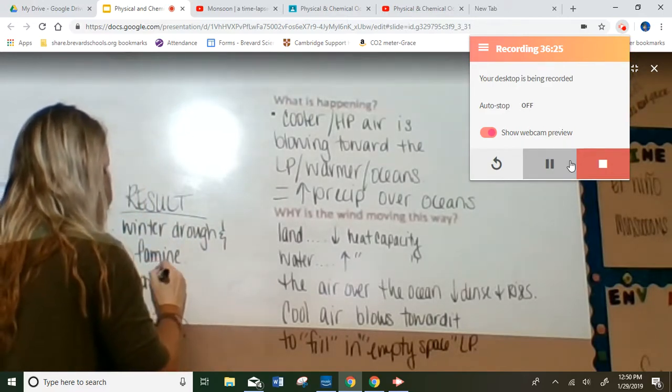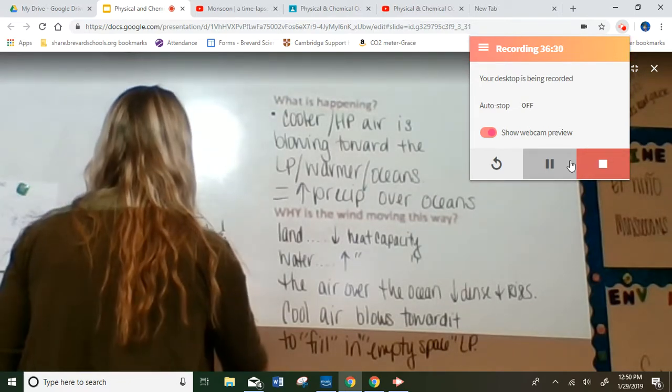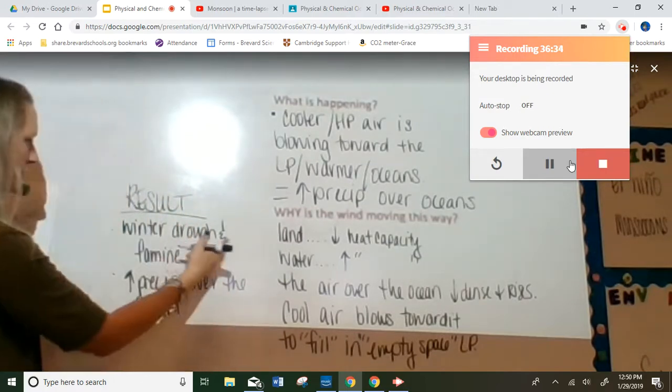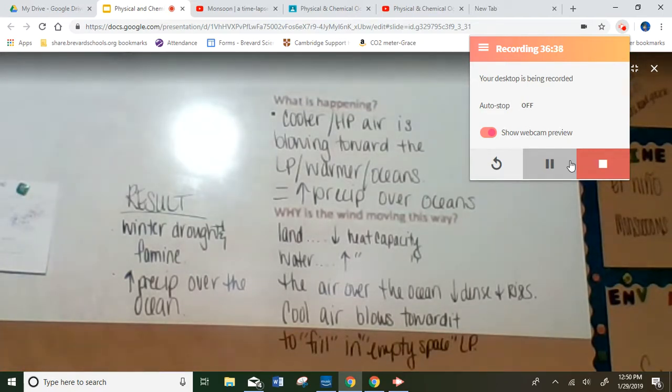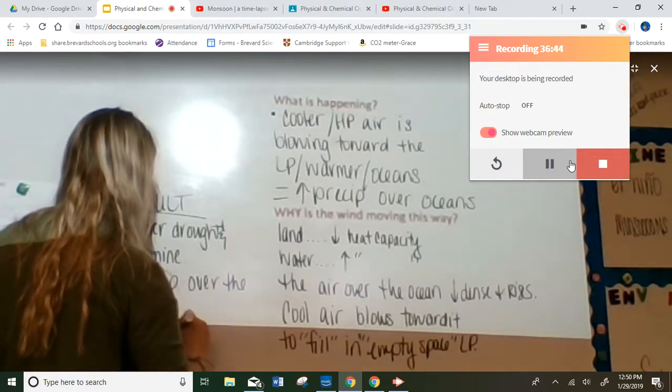High precipitation over the ocean, but that doesn't really do much. The winter is drought, so it's dry and they're hungry. The precipitation over the ocean is just really going to cause more storms, so increased storms.